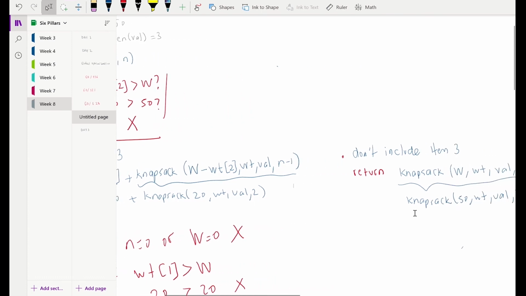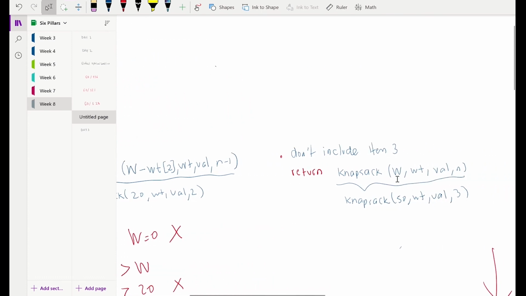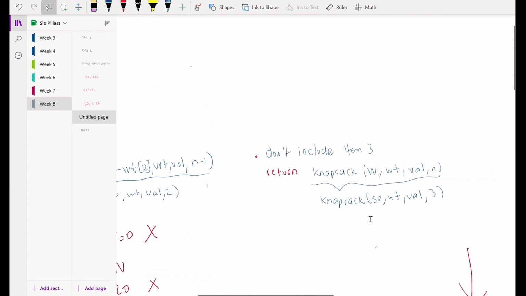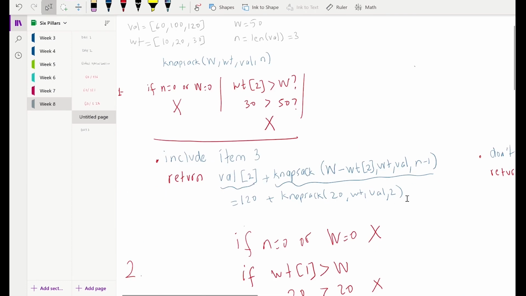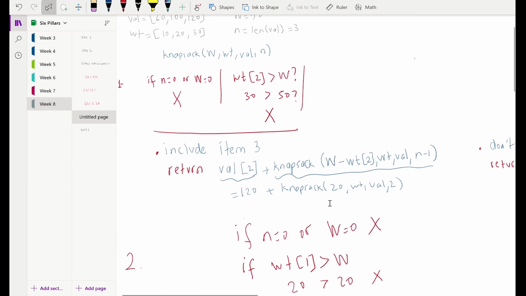The other option is not including item 3, and here everything is the same. There is one difference. Right now this is n minus 1 and this is 2. We will call the function with these values.